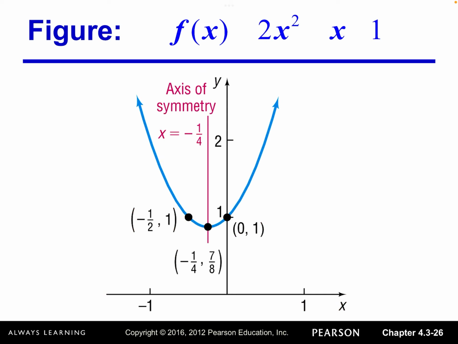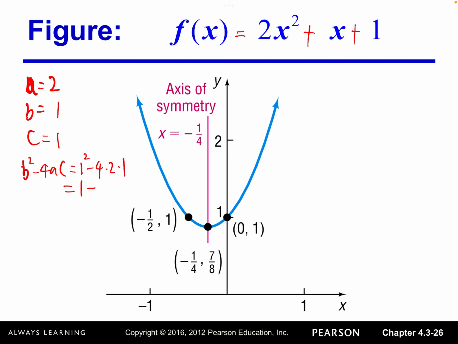And then the last one, the function is f of x equals 2x squared plus x plus 1. Let's evaluate the discriminant. Identify a, b, c first. A equals 2, b equals 1, c equals 1. So b squared minus 4ac equals 1 squared minus 4 times 2 times 1.